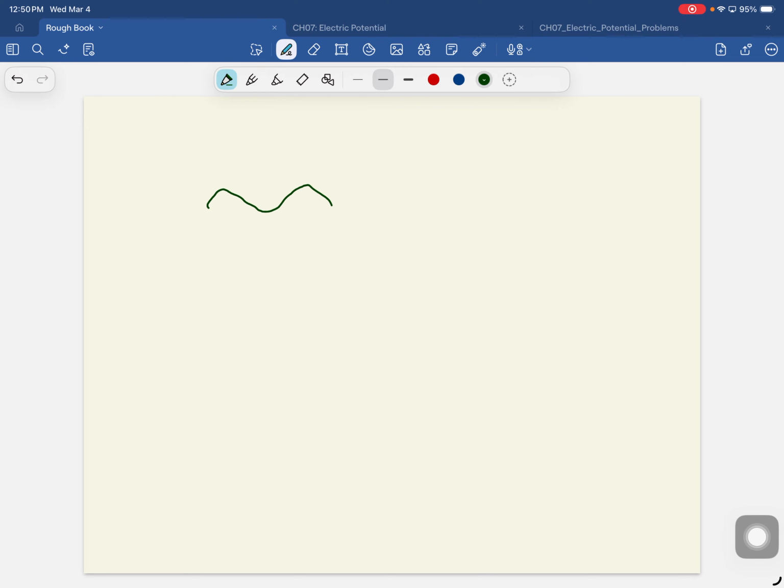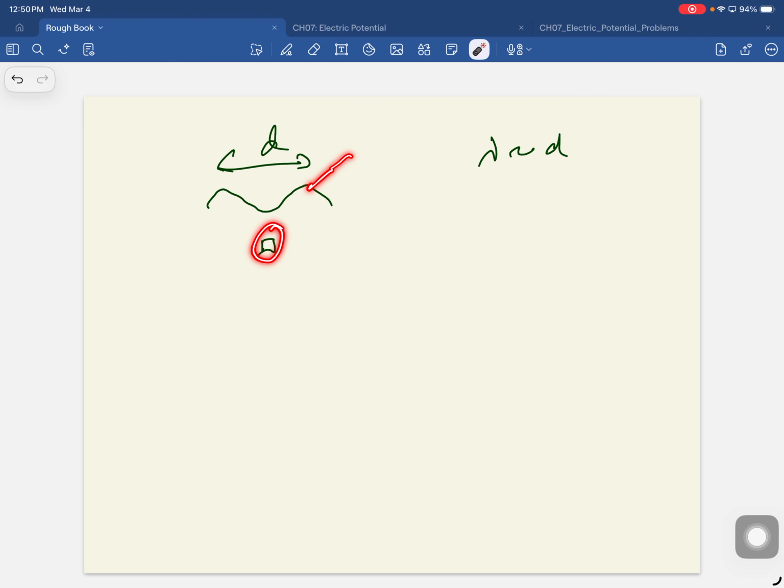If I use this probe to see something, the smallest thing I can see is of the order of the wavelength. If I wanted to see this thing with this probe, I can't see that. So what do I need?